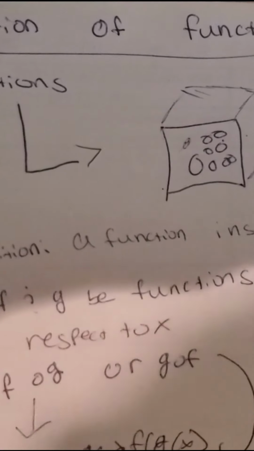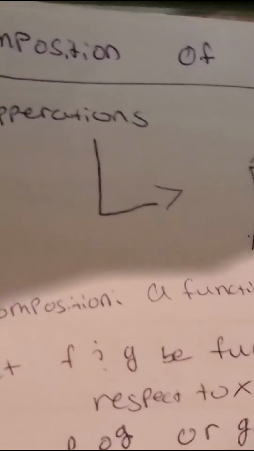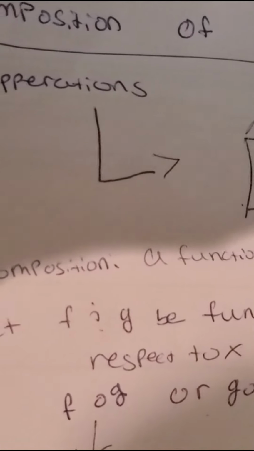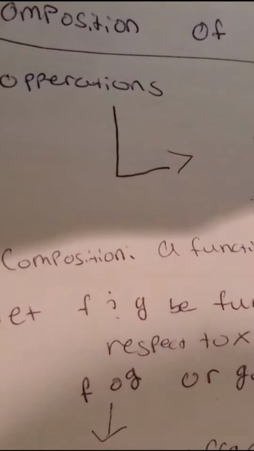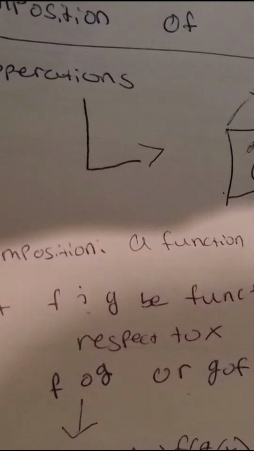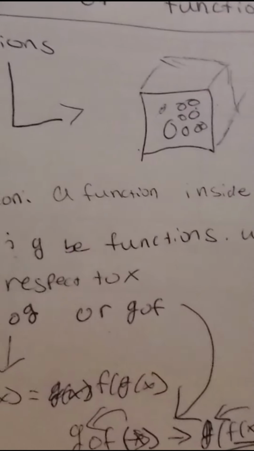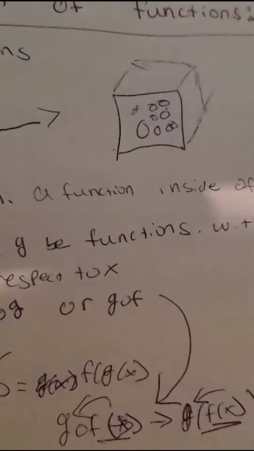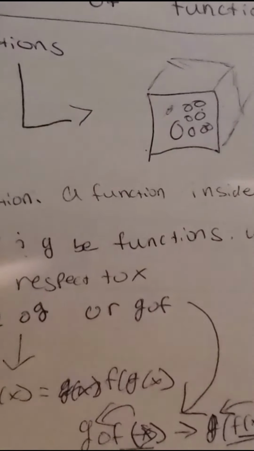We could say those balls are composed inside the box. In other words, the balls are inside the box. So in a mathematical sense, to compose a function, we put a function inside of another function, and we simplify it down, and it creates a new function, changing the domain and range.